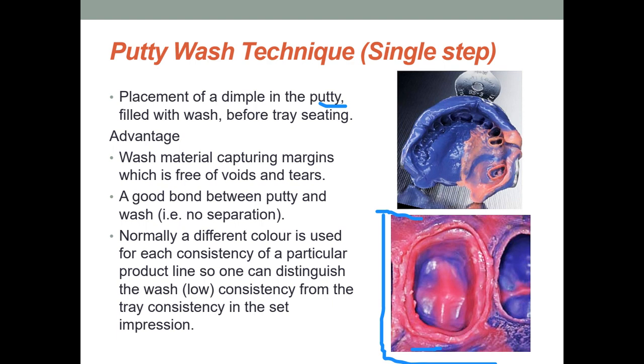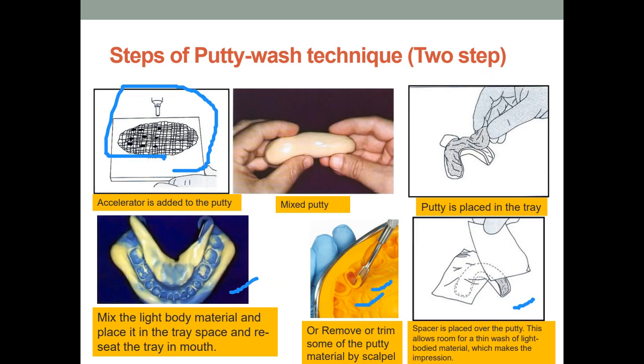If you can manage and your impression is like this, it's okay. If it is flushed, then you have to repeat the impression. That's why most of the time in clinic we are using the two stage, two step technique, in which the primary impression we are making with the putty and the secondary one followed with the light body.